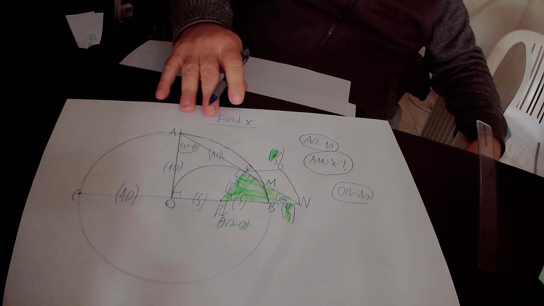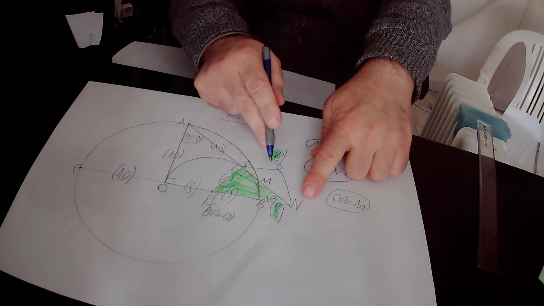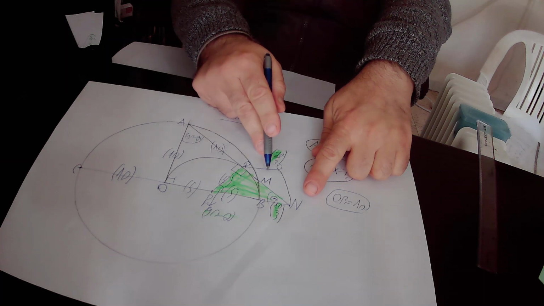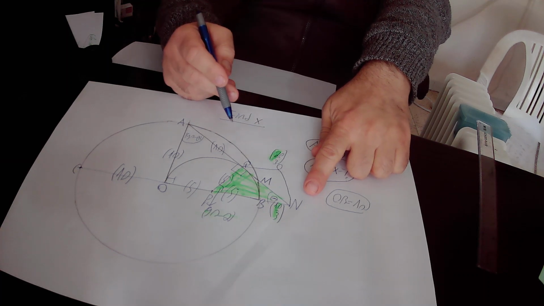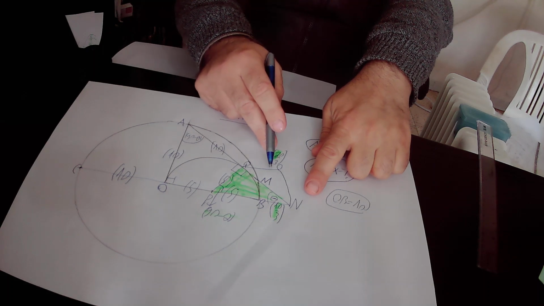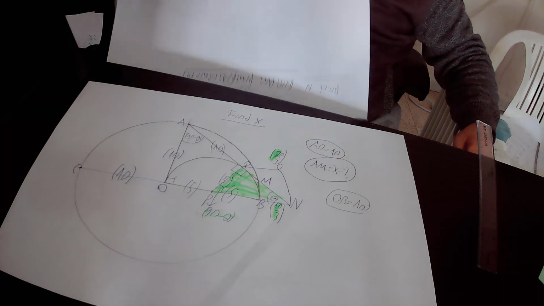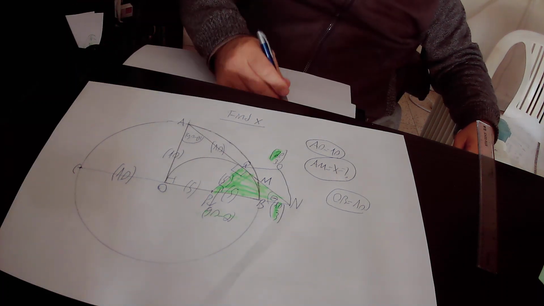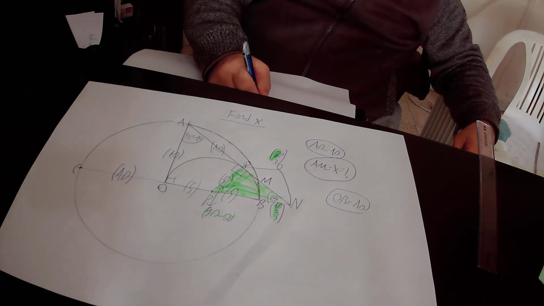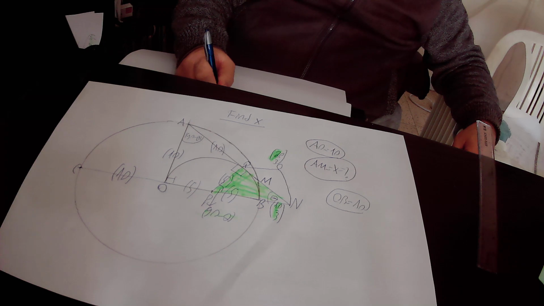Here we have to find the length of this line segment MN. It is very easy to see from the drawing that MN equals QN minus QM.